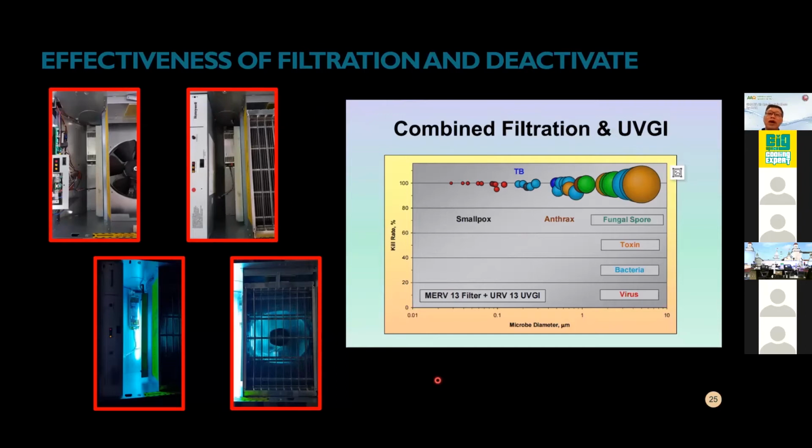If you combine filter and also ultraviolet lamp, let's say you compare here MERV13 filter with MERV13 UV lamp, you are able to achieve 90% kill rate. I'm talking about kill rate, like viruses, bacteria, spores.